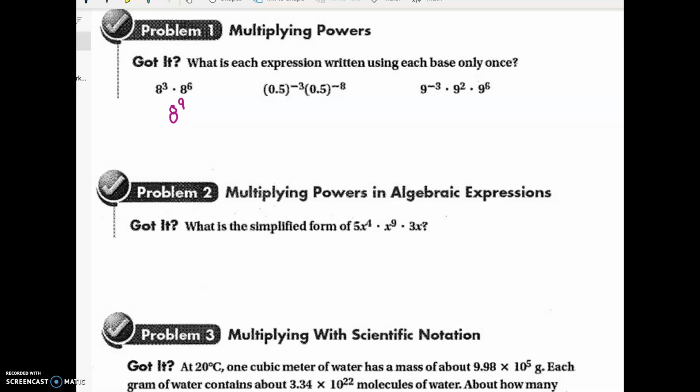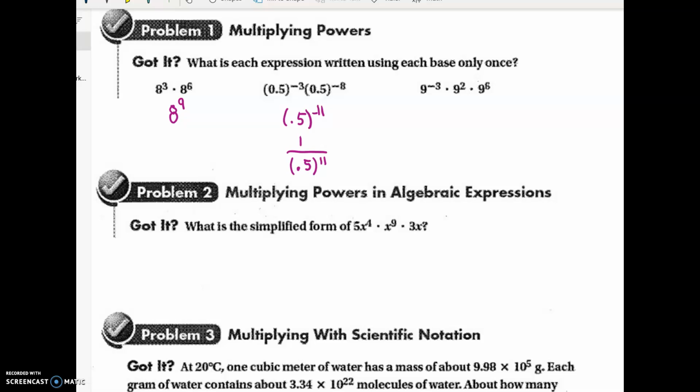Here, again, we would add the exponents, so we would end up with 0.5 to the negative 11th power, and obviously we want to get rid of that negative, so we're going to flip it. So we would end up with 0.5 to the 11th power. I would just leave it like that because 11 is bigger than 5.